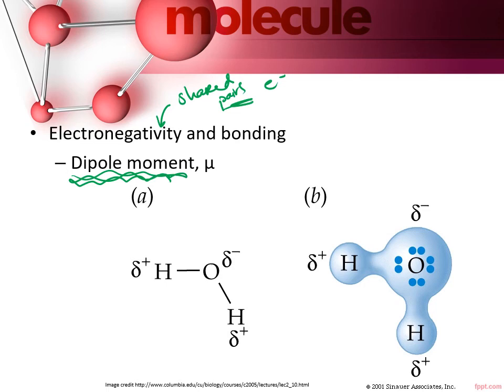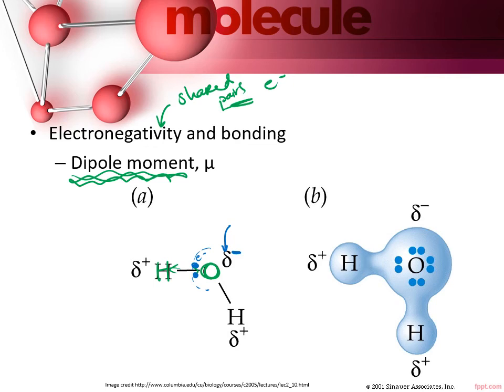In a water molecule, oxygen is more electronegative than hydrogen. And so the shared pair of electrons, instead of hanging out equally between hydrogen and oxygen, are going to get pulled far more closely to oxygen. And so this extra little bit of negative charge, because the electrons are closer to oxygen, makes oxygen partially, this is lowercase delta, partially negative.